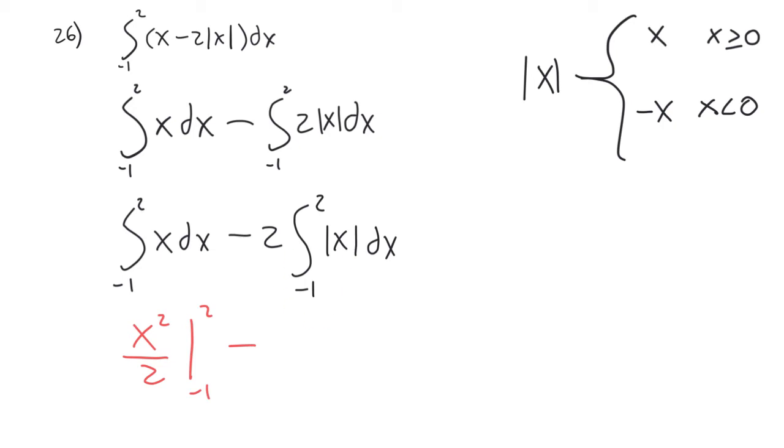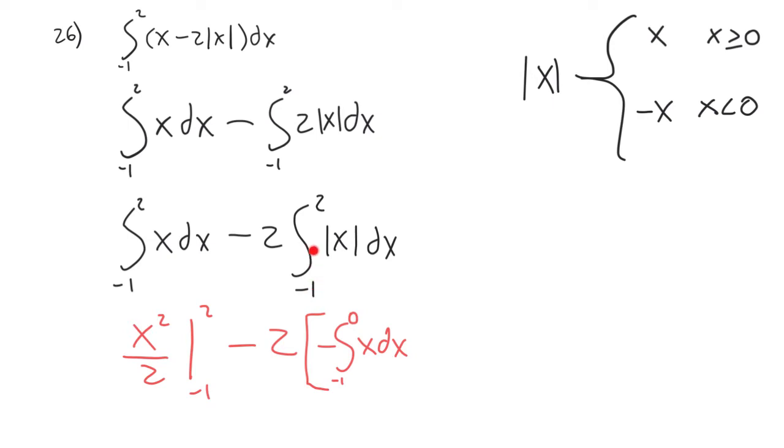We're going to have -2, of course, and we're going to do some brackets here. It's going to be times the antiderivative of negative x dx, when x is less than 0. So that's going to be from -1 to 0, right?